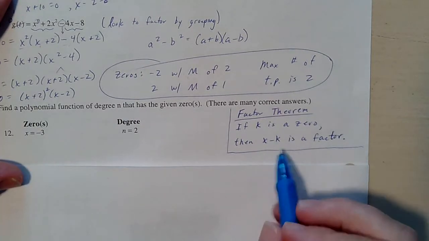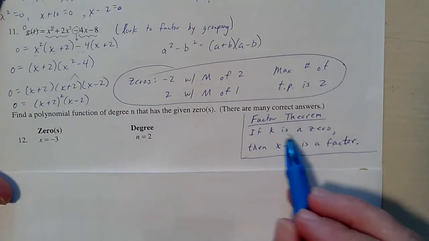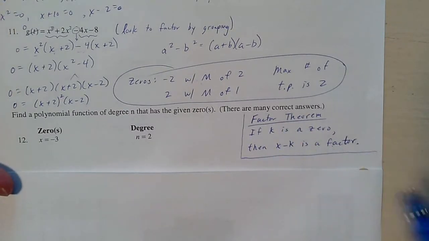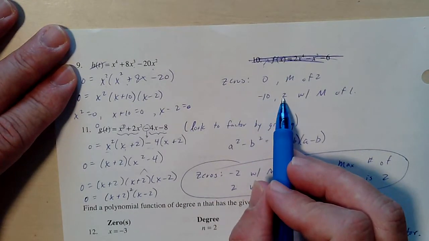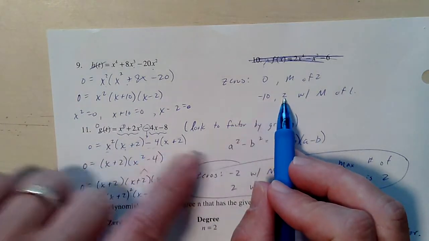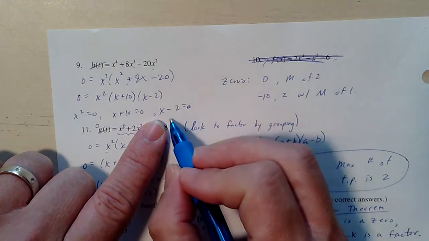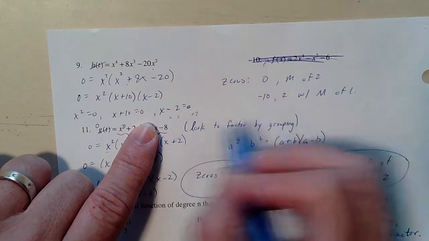Okay, now it's pretty fundamental. Think about it. If we go back to these last 2 problems as examples to talk about the factor theorem, for example, 2 was a 0, right? So if I go back a step, what was the factor? How did I get 2? It was because x minus 2 was a factor. And when I set that equal to 0, we added 2 to both sides, so we got a 0 of 2.